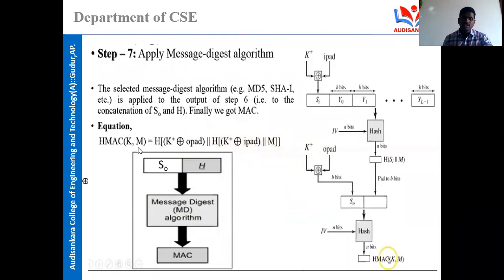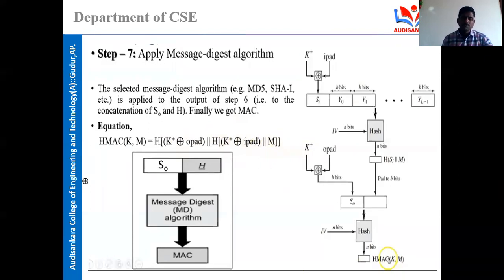So to get HMAC K comma M, we need to perform the hash H of K plus XOR OPAD append H of K plus XOR IPAD append M. It is written like this in equation format.